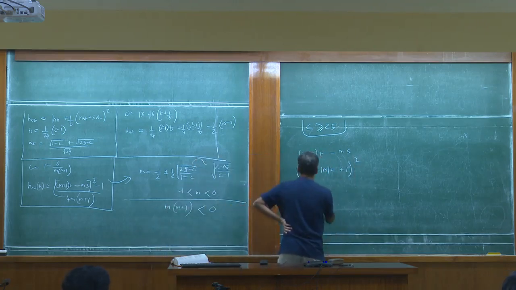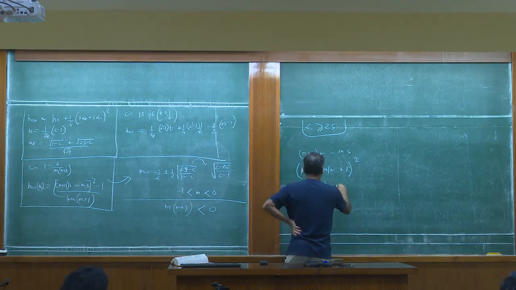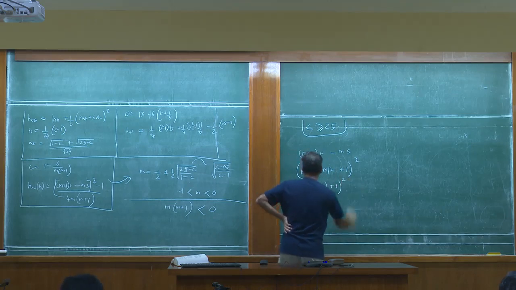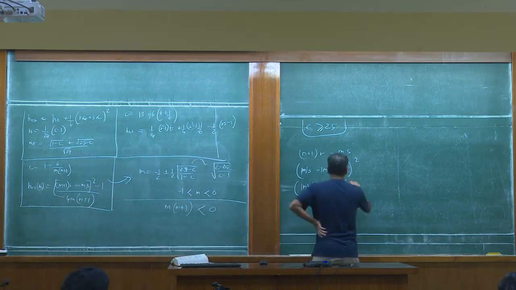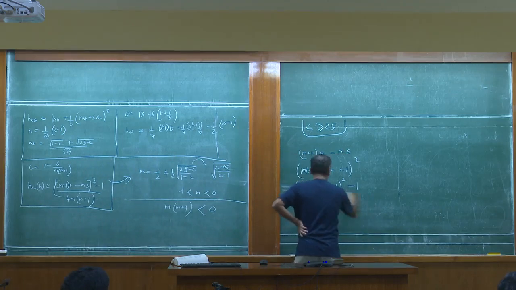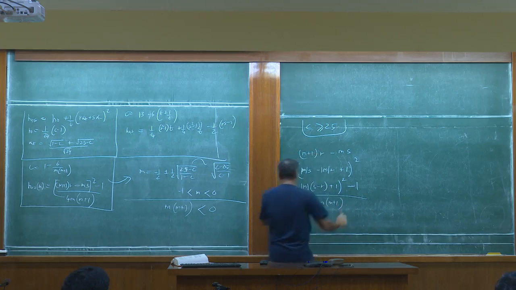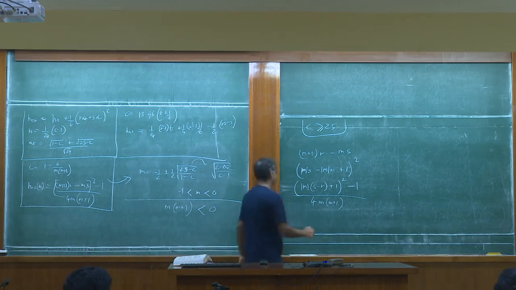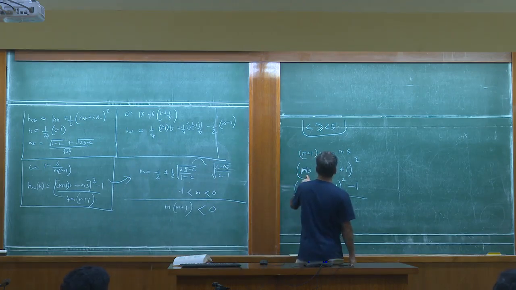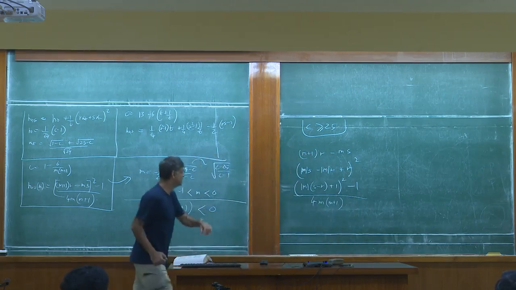Okay, so this is mod m into s minus r plus 1, the whole thing squared. This thing minus 1 divided by 4 into m plus 1. Sorry? Plus r, thank you. Plus r.